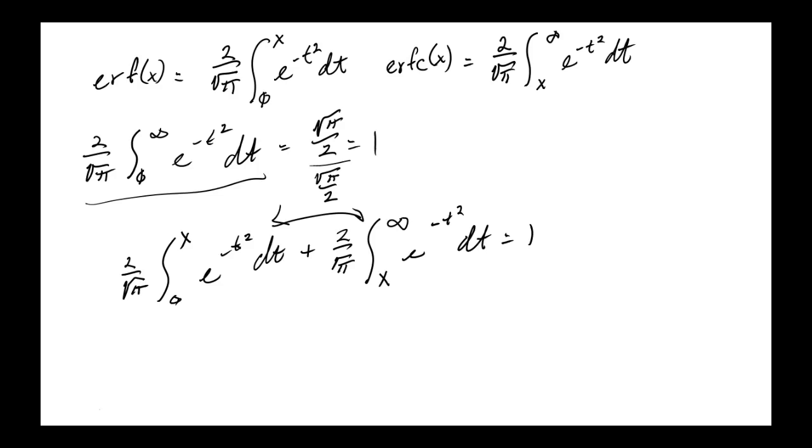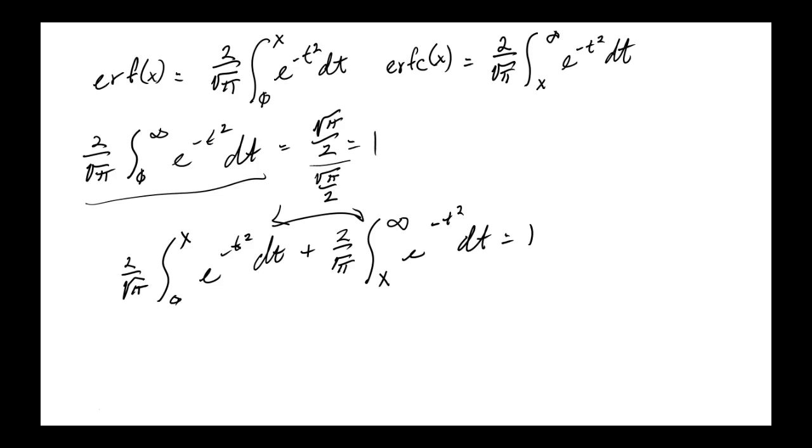The probability of being in something is 1, and if you're in this side of it, you're 1 minus that side of it. Total probability under the curve is 1, so you're either in this part or that part. If you're in this part, that's going to have to be less than or equal to 1, because these are both positive values. The e function is always positive. So this is basically saying you're either on this side or that side of it, but the total of it is 1.